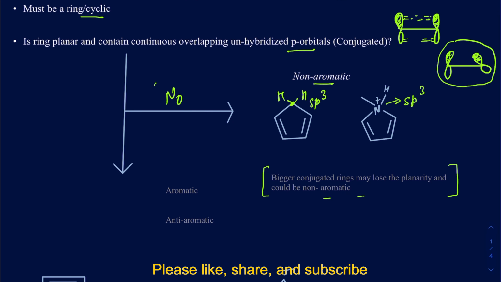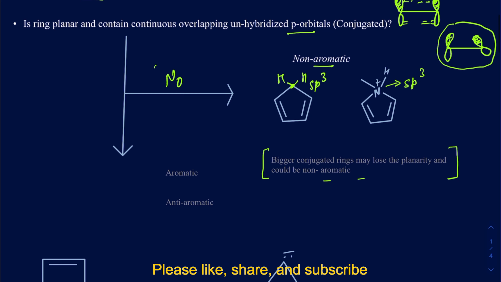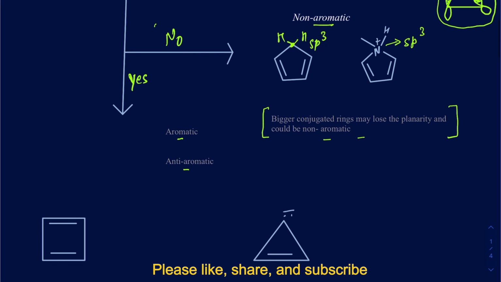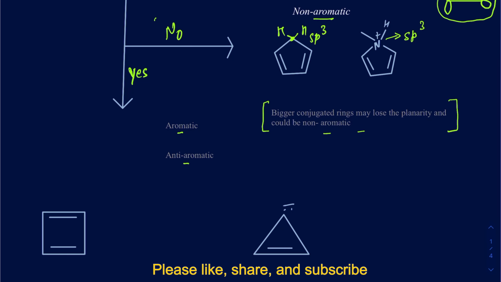Now, suppose you have everything, the ring is planar and you got unhybridized p orbitals and whatnot, and I'll say yes, and then you are in the category of being either aromatic or anti-aromatic. Now, how do you know when something is going to be aromatic and something is going to be anti-aromatic? You can use something called the Hückel rule.